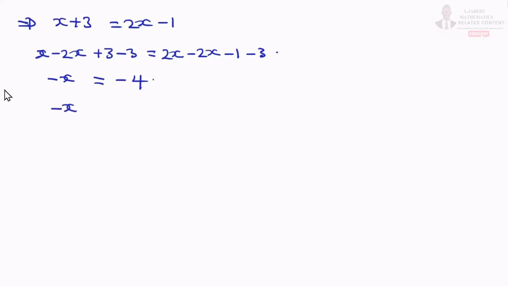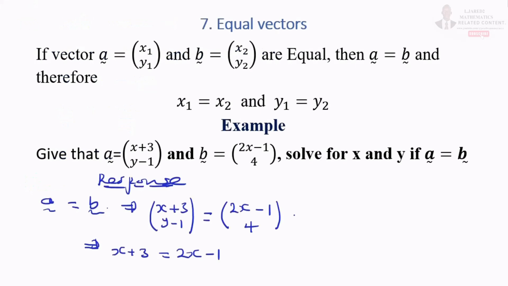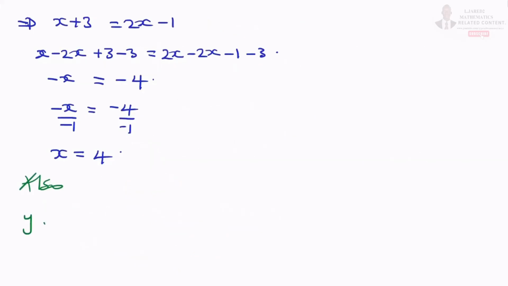So to get the value of x, we are going to divide by negative 1 or multiply by negative 1 on both sides. So divide by negative 1, divide by negative 1, implying that our x equals 4. Also, we'll do the same for the y corresponding entities. Also, y minus 1 equals 4.